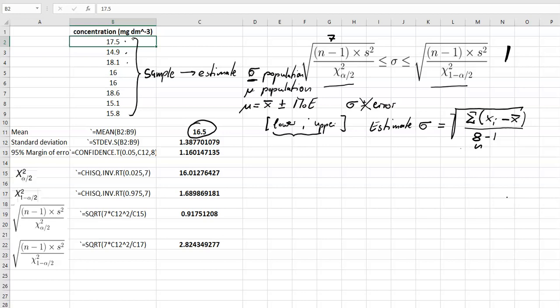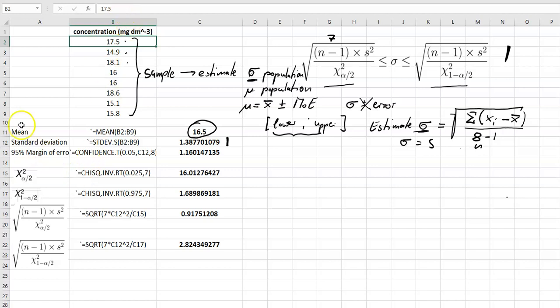That's easy. Here this s squared is actually the estimated variance. So we said the population standard deviation is this estimated one that we've got from the sample, which we have already calculated in a previous video.